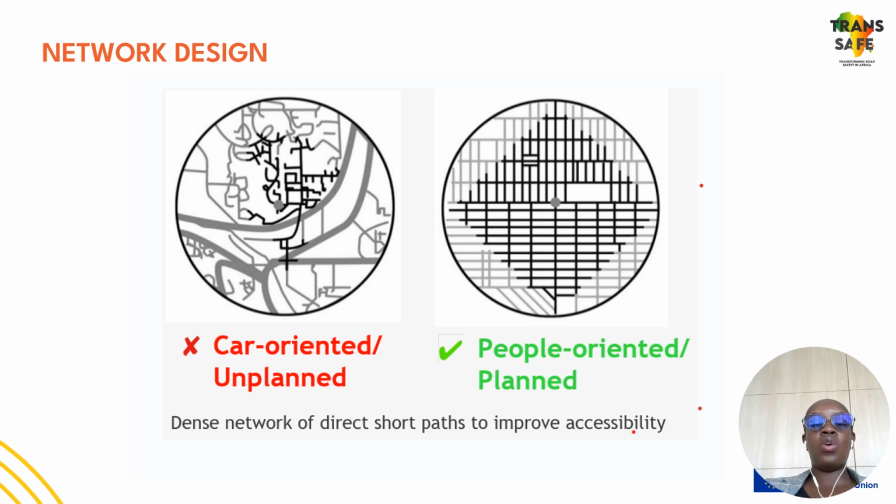A planned network design usually consists of a dense network of direct short paths which are easily accessible by NMT users to improve accessibility. So this is what we mean by a good and people-oriented network design.